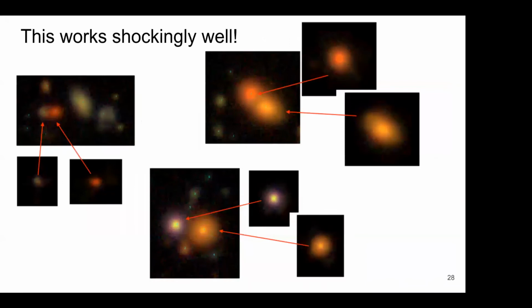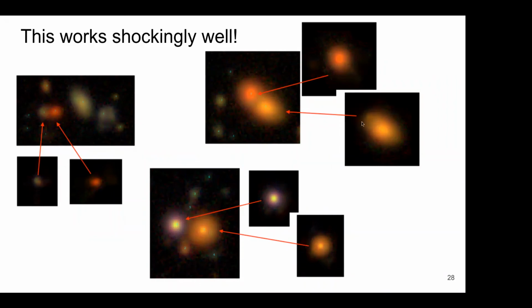But this works shockingly well, right? Remember that about 60% of the blends, or about 65% of the blends in the wide data only have 2 objects or only a single object in them. And so for most of these, it does a pretty good job. You can look at this blend here in the top right, where you see a wider orange galaxy that has another one overlapping with it.